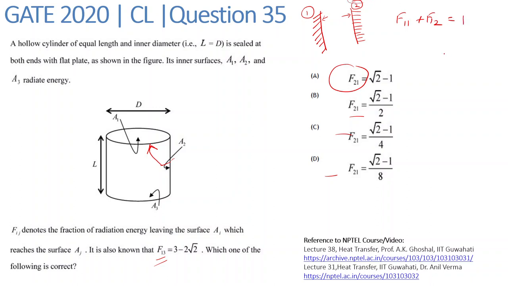Similarly, for the second surface, you can write F21 plus F22 is equal to 1. Similarly, if there are more than one surfaces, then for each of these surfaces, I can write that summation of Fij is equal to 1 for j is equal to 1 to n. So basically this is my additivity rule. I hope that clears your doubt.